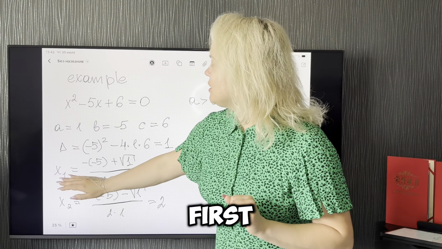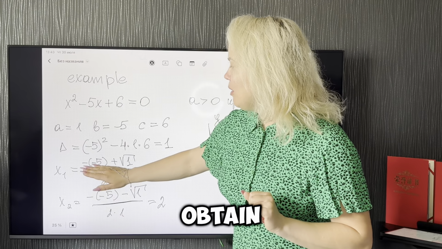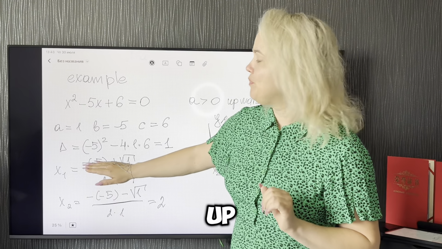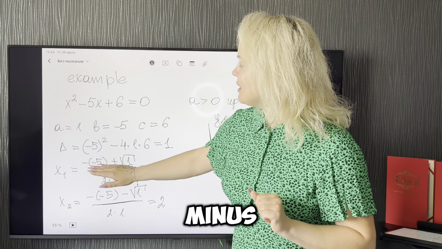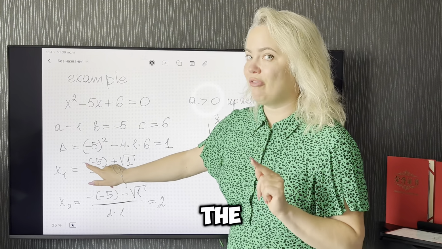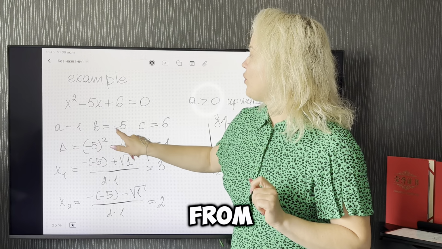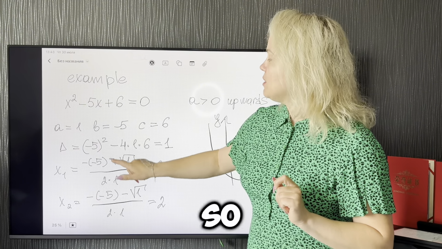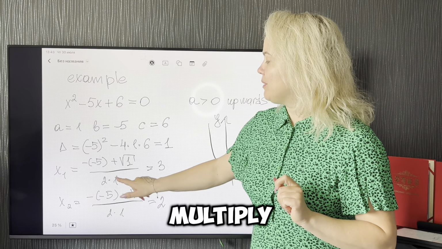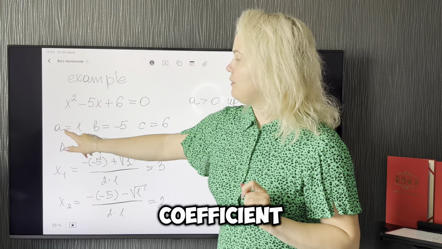So the first root we obtain following the formula given above: minus minus 5, put your attention that this minus is from the formula and this minus is from the coefficient. So plus the square root of 1 divided by 2 multiplied by 1, where 1 is coefficient a.